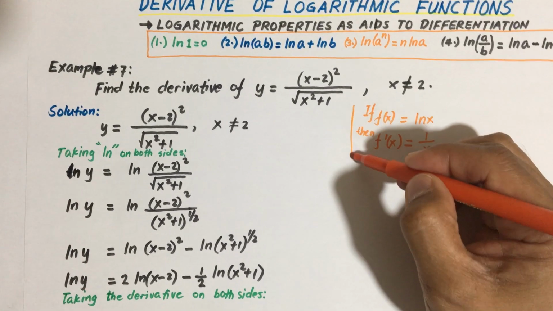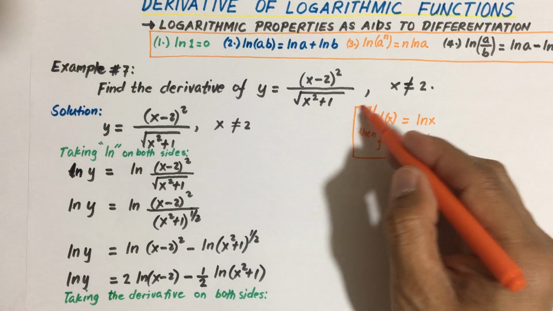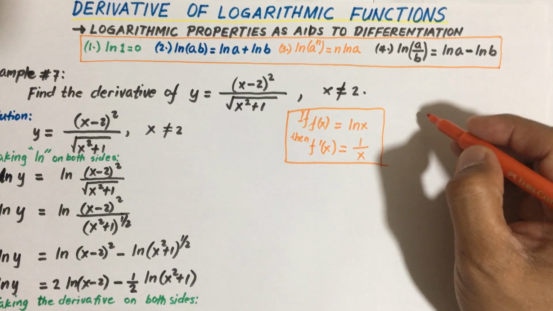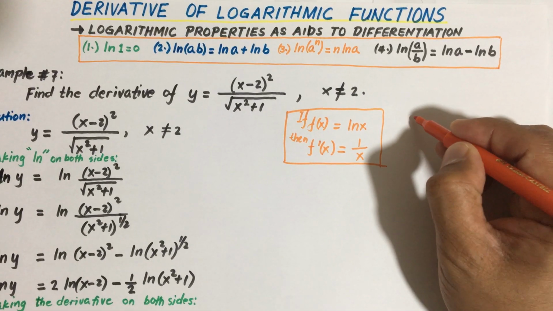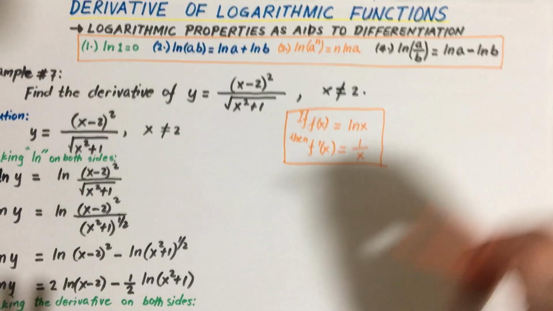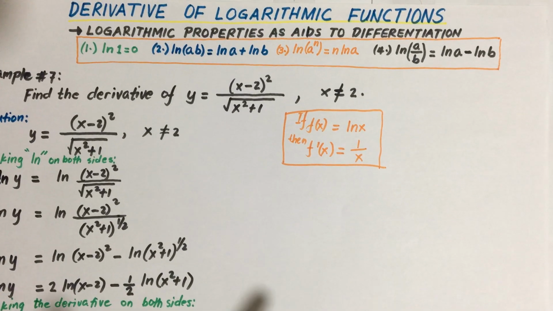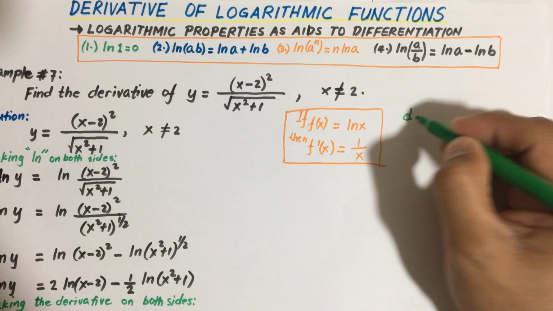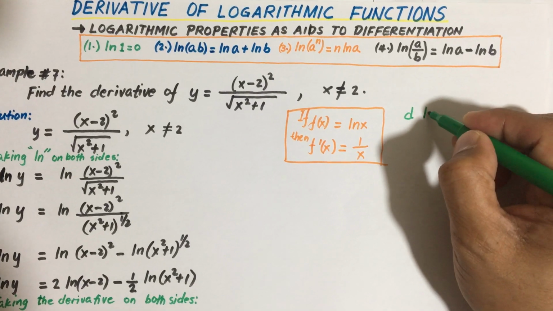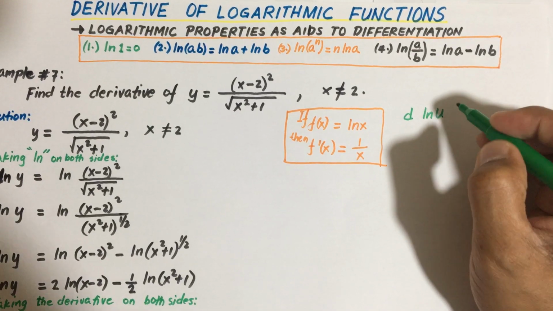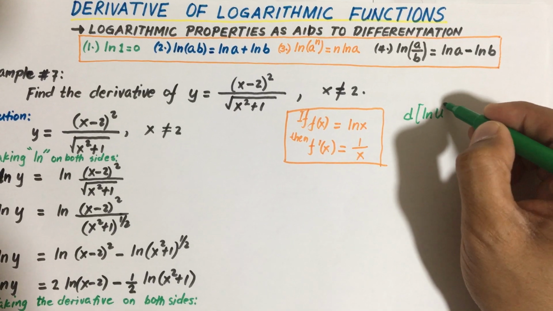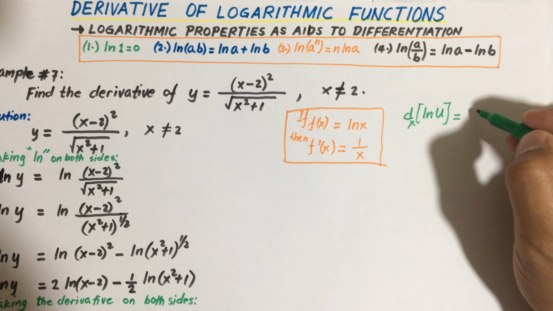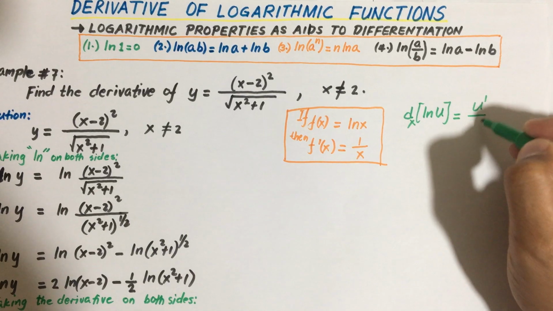So this is one of the formulas that we can use. And the other one is, if you take the derivative of ln u with respect to x, this is equivalent to u prime over u.